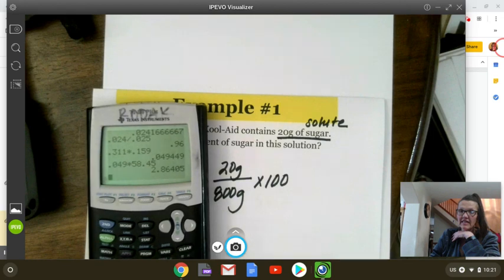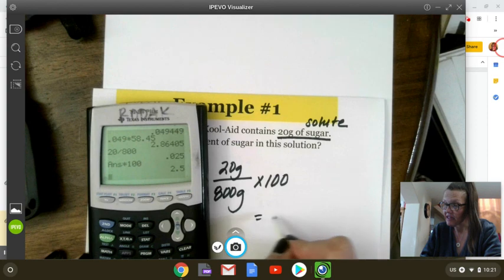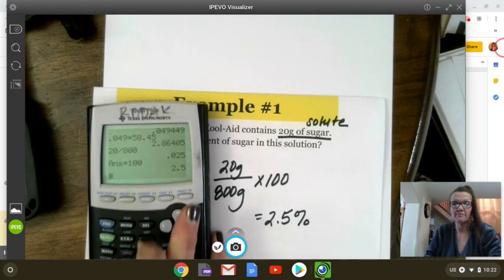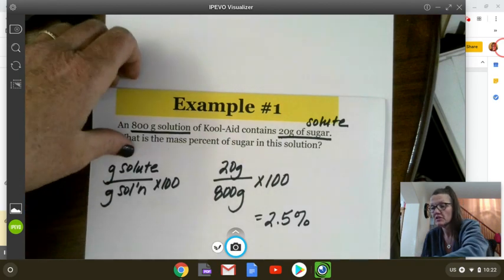So if I take 20 divided by 800, I get 0.025, and then I multiply that by 100, and I get my 2.5% solution. Okay, very easy. Probably the hardest thing is to make sure you identify the solute correctly, right? So water is always the solvent. Anything else is going to be your solute.